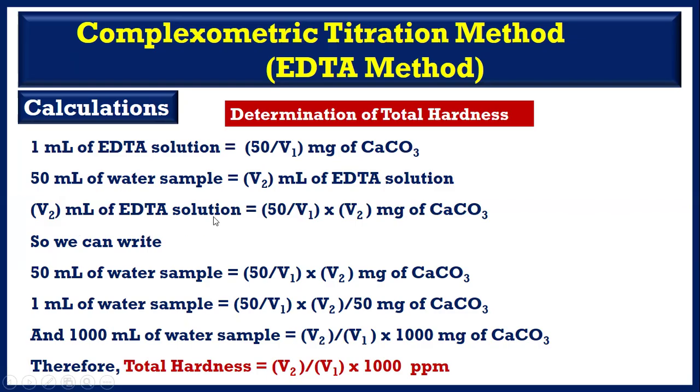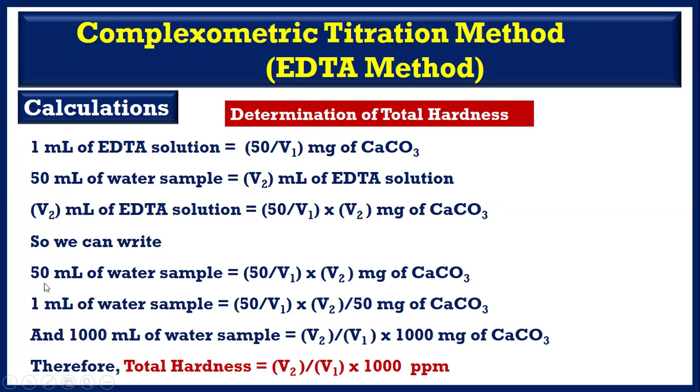Why? Because 1 ml of EDTA is equal to 50 by V1 milligram of calcium carbonate, so V2 ml of EDTA is equal to 50 by V1 into V2 milligram of calcium carbonate.